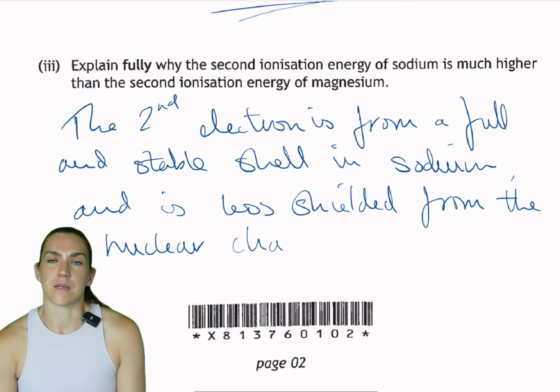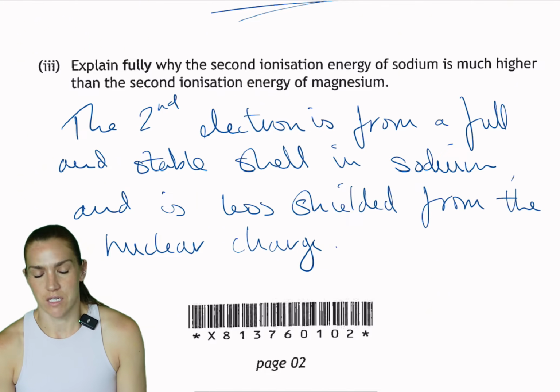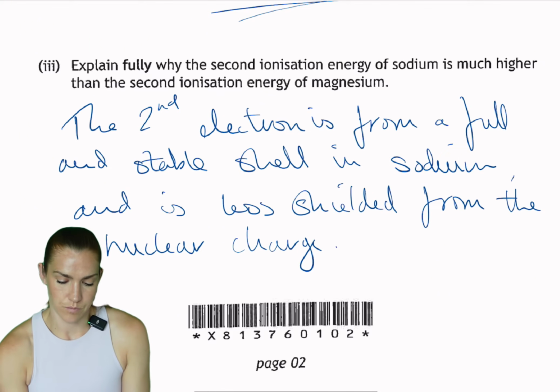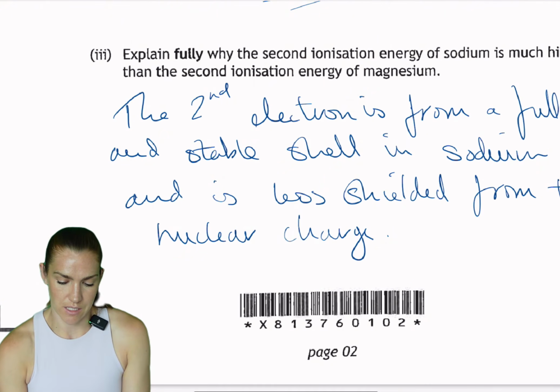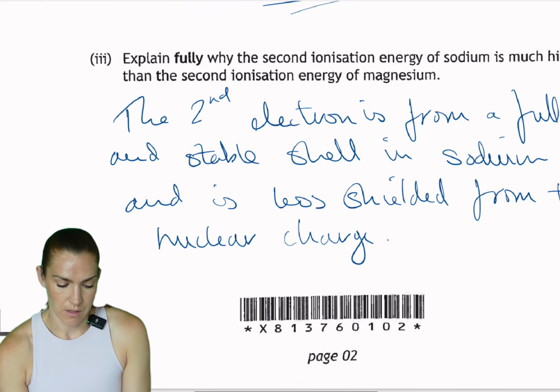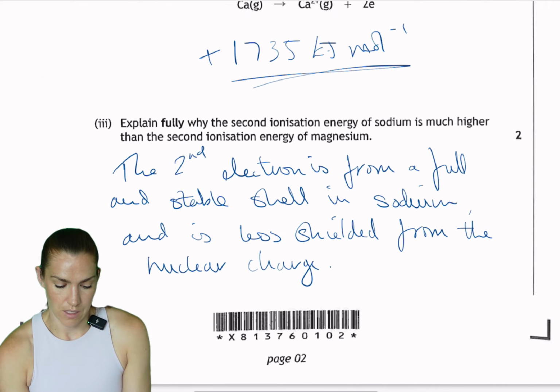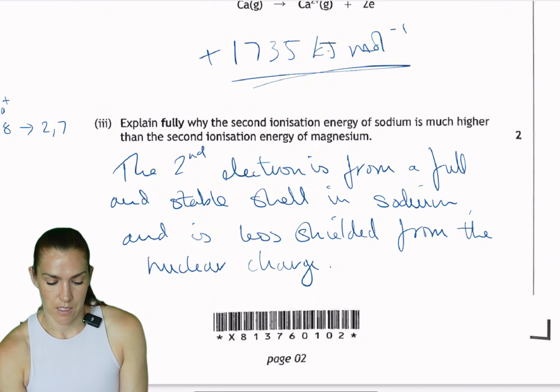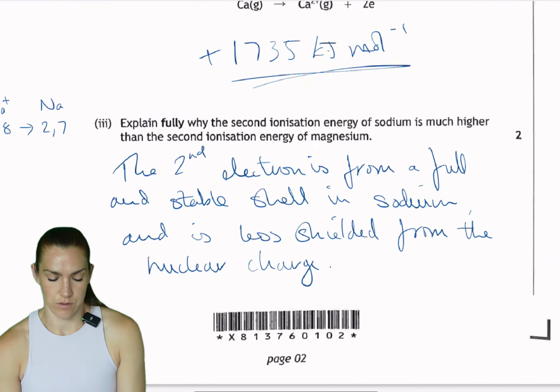Okay. Sometimes if you struggle with these, it's a good idea to write down the electron arrangements for what's happening. So if you're doing the second ionization energy of sodium, then you're going to be going from 2,8 to 2,7, because Na+ has got the electron arrangement 2,8, and then if you're going to Na2+, that would be 2,7.